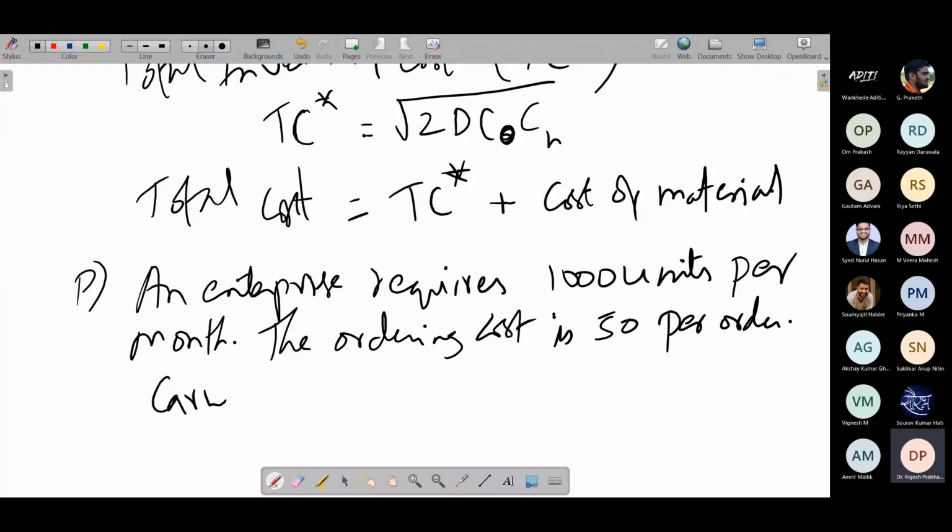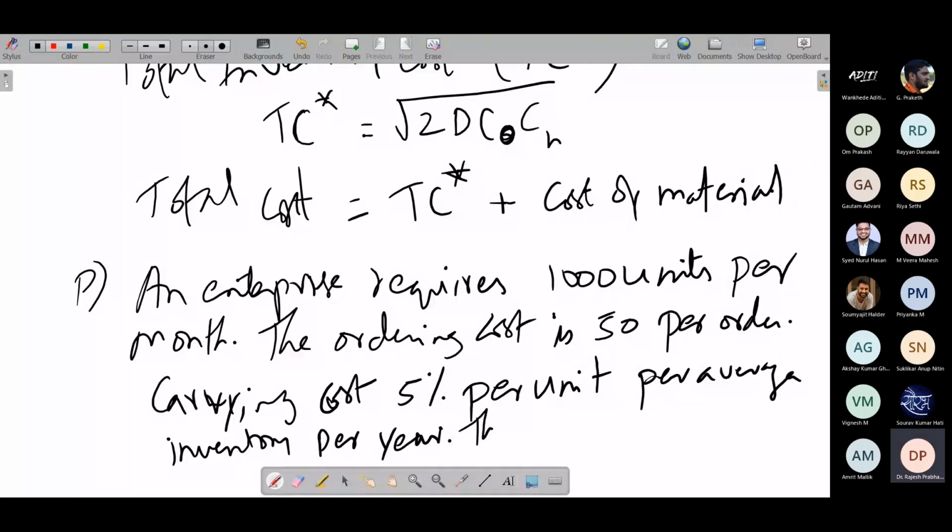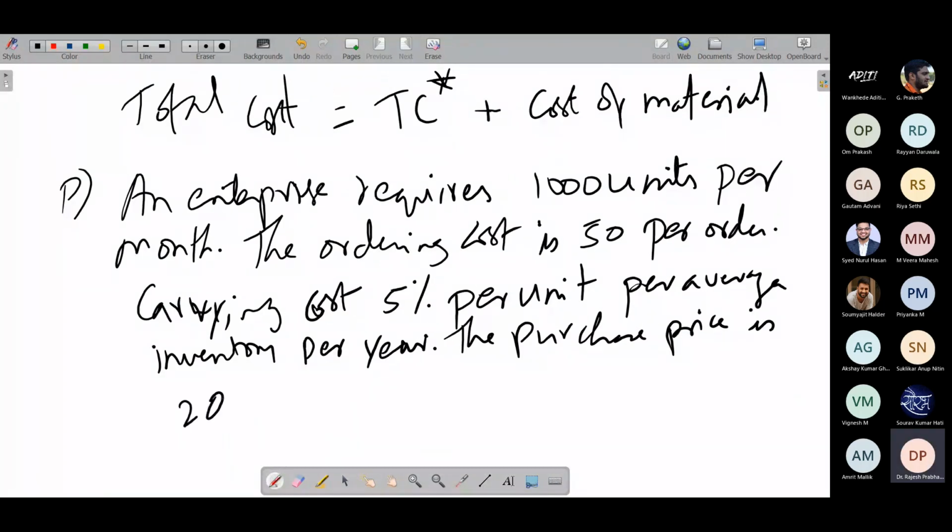The carrying cost is 5% per unit per average inventory per year, the purchase price is 20 per unit.